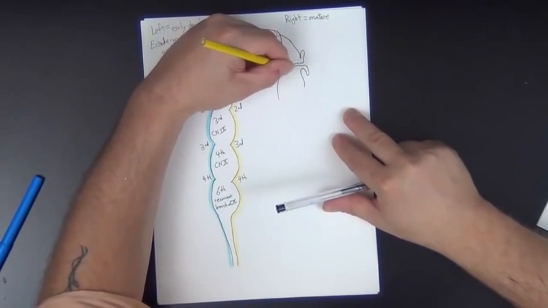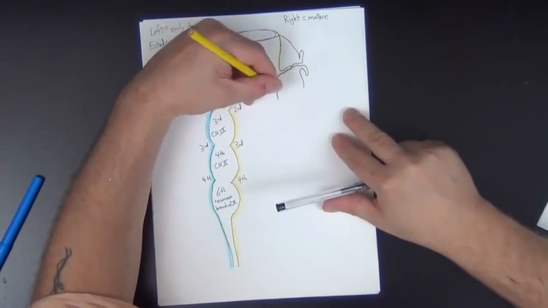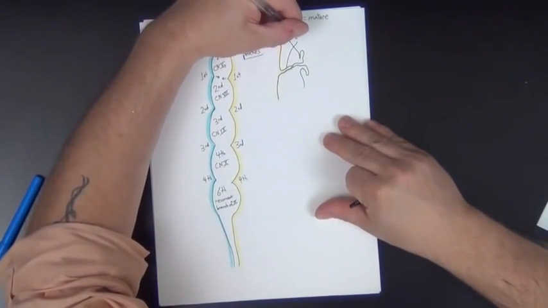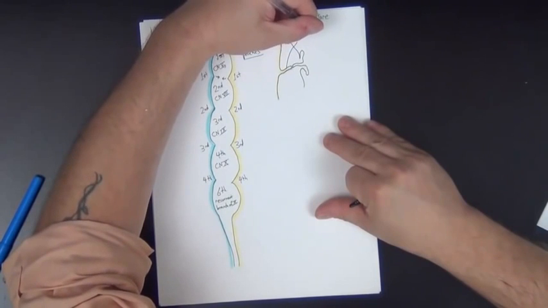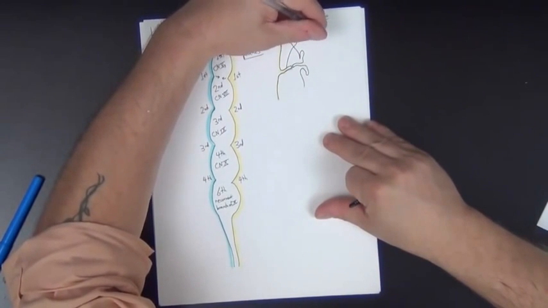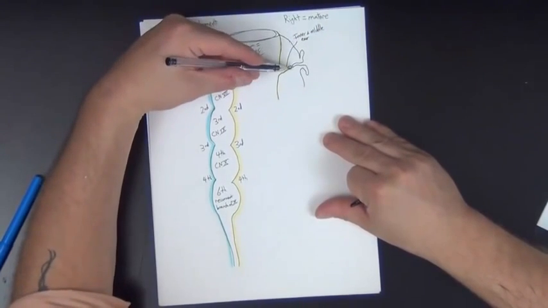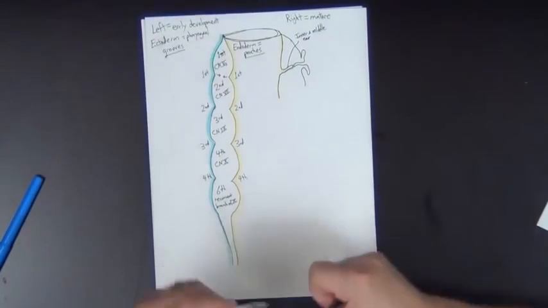So the first pouch invaginates right there. And it's actually going to form most of the inner and middle ear, along with the pharyngotympanic tube, aka the eustachian tube that connects the middle ear to the pharynx.